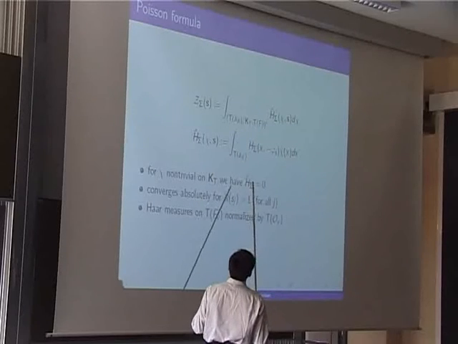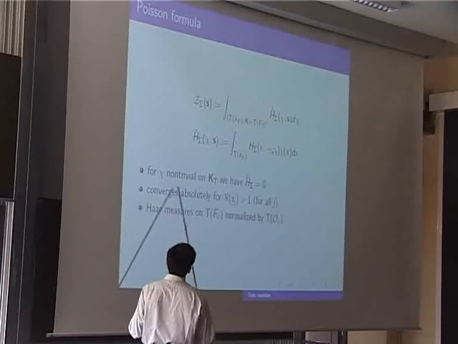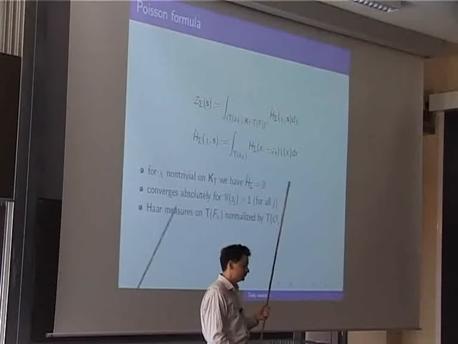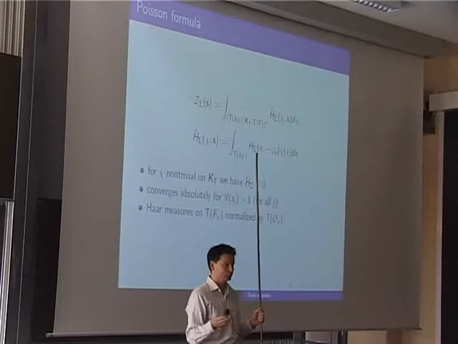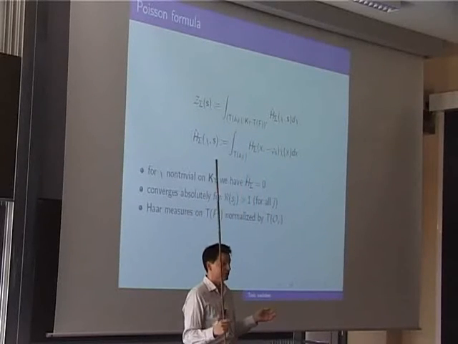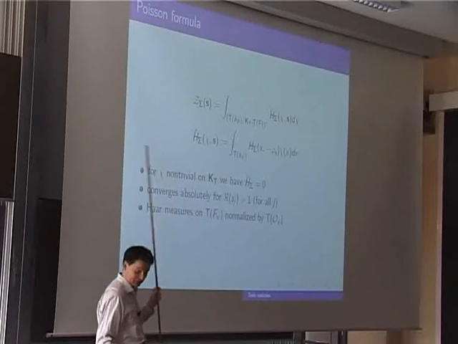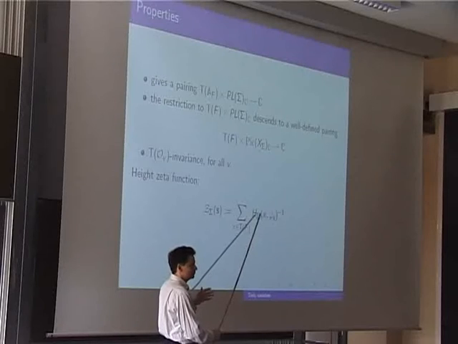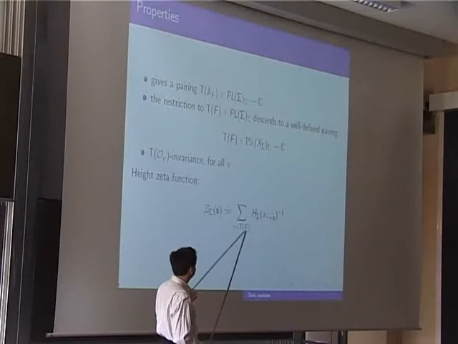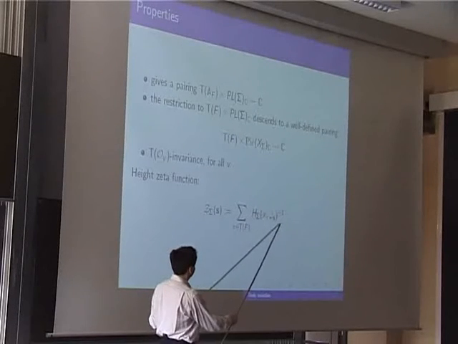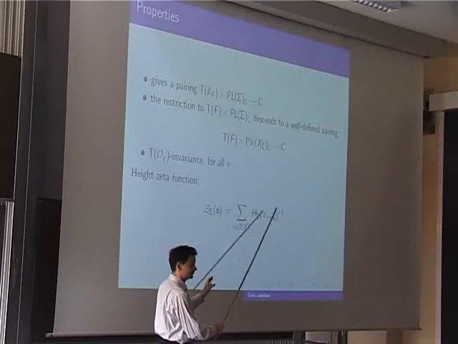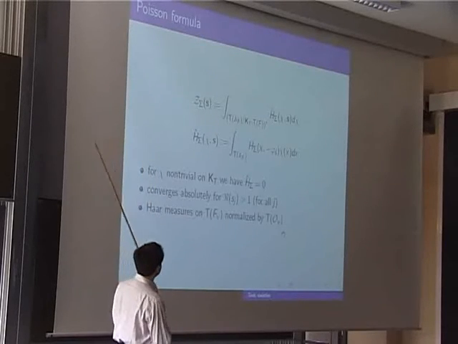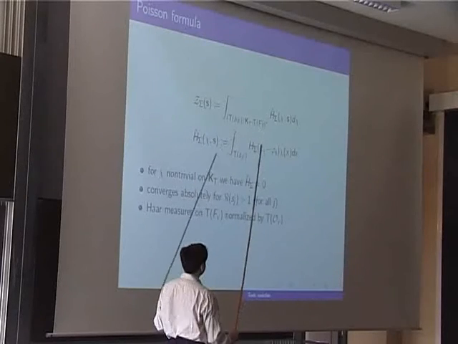Now for the nontrivial ones, it's 0, and to apply the Poisson formula I need to know something about convergence, on the left side and the right side. The left side, the definition of my zeta function, converges just from projectivity. So if I assume that my toric variety X is projective, then I get convergence for s big enough for free: absolute convergence. The convergence of the other side, the spectral side, so to speak, has to be checked.